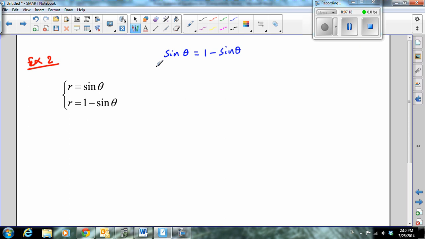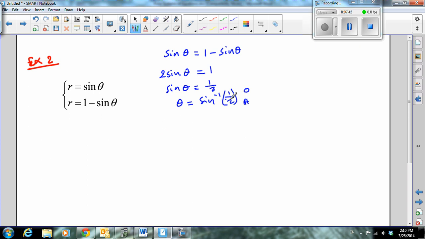theta. Add sine to both sides to get 2 sine theta is equal to 1, or sine of theta is equal to 1/2. At this point, I will say theta is therefore equal to the sine inverse of 1/2. For the sine inverse of 1/2, I know that the opposite is 1, the hypotenuse is 2, and I can draw it.